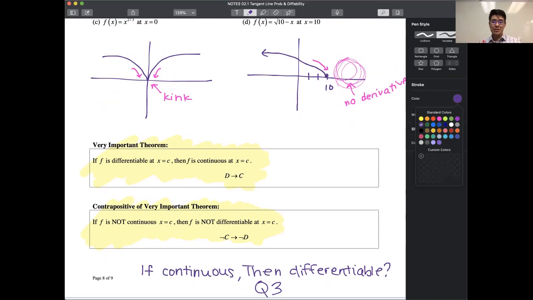No, everybody got it right, yeah. So you want to think of cusps, kinks, vertical tangent lines, right? So anytime you see this idea of continuity, maybe you want to think of those 4 images. Somebody fell asleep and hit yes by accident.